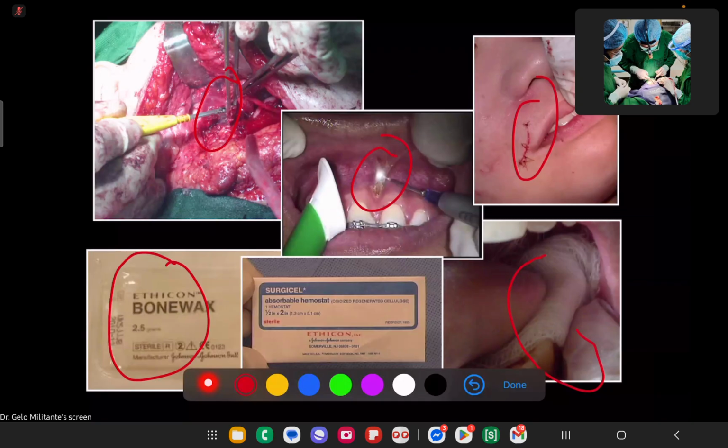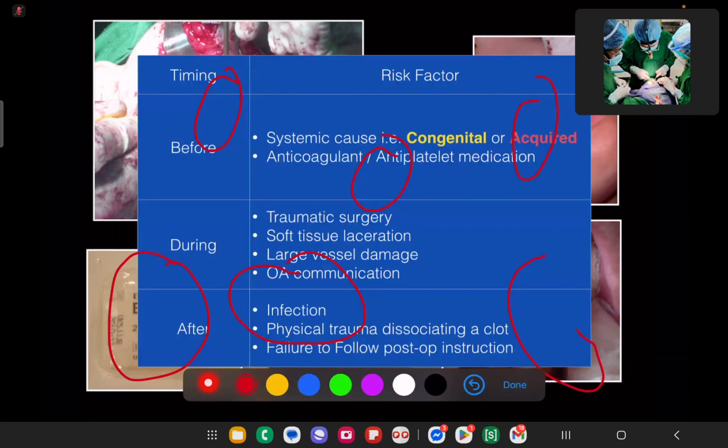And if you have issues on tissue bleeding, then you have what we call your Surgicel or absorbable hemostatic agents. So basically, these are the strategies, and of course the risk factors on the intraoperative, postoperative, and preoperative concerns of bleeding.